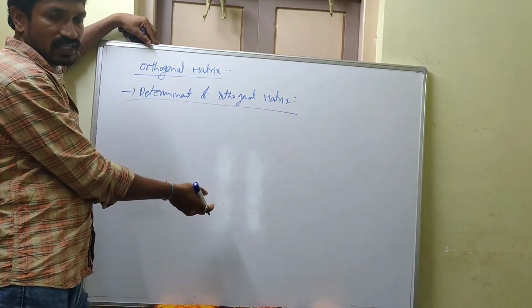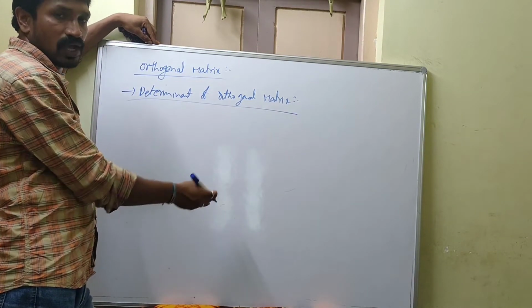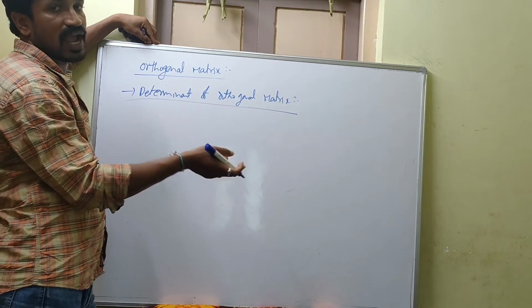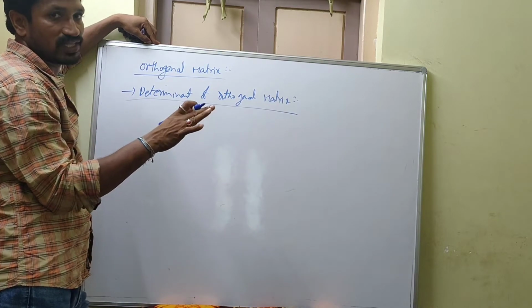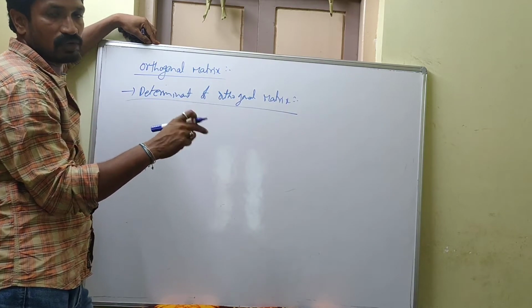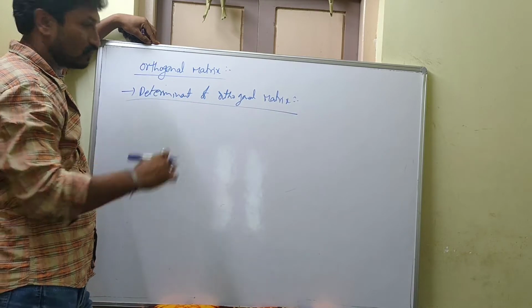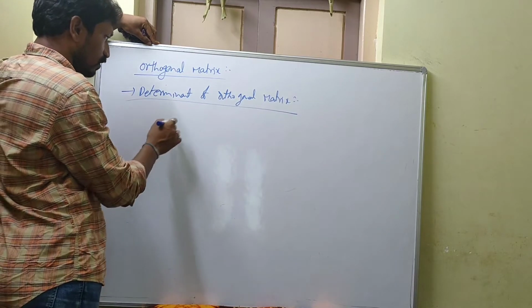So in the previous example, you take the matrix and you find out the determinant. You get either plus 1 or minus 1. Once you see here, how you prove that one?